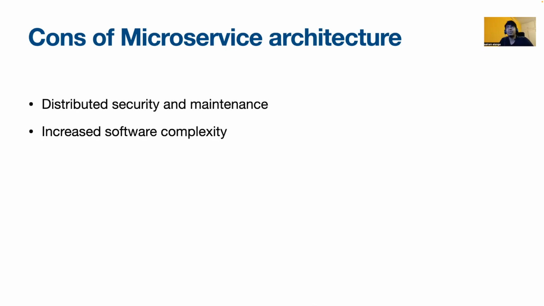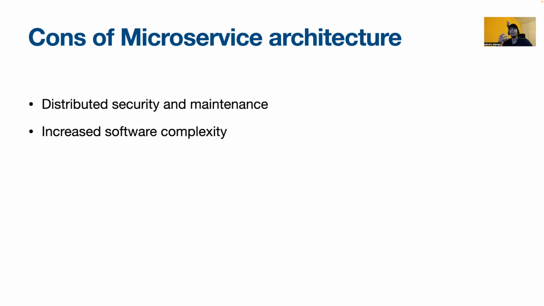However, there are still some cons with microservices architecture. Since microservices is distributed in nature, your security has to be distributed as well. You have to manage security over your HTTP calls or message brokers as well.